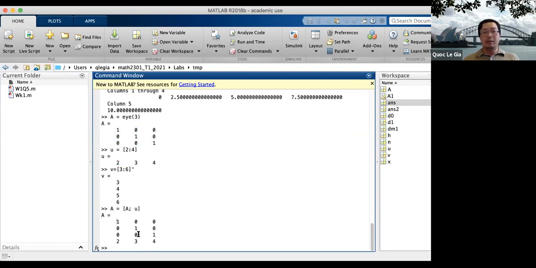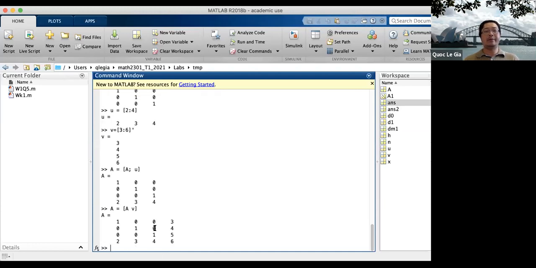You just stack u beneath the matrix A, so you get a new matrix like this. And then after that, you have a matrix A, and you just take the column vector v and put it next to the last column. And you get a new matrix. So this one is the new matrix. Okay.